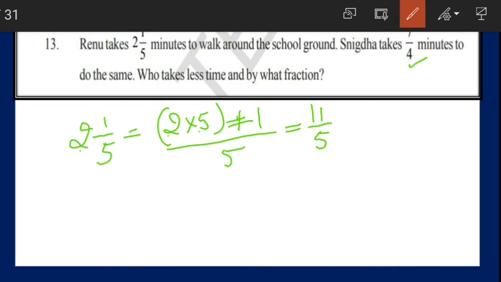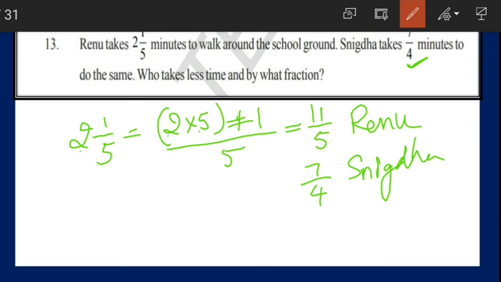Observe that this is Renu's time, the time Renu has taken, and Snigdha's time is 7 by 4. Now observe that 11 by 5 and 7 by 4 are both unlike fractions.